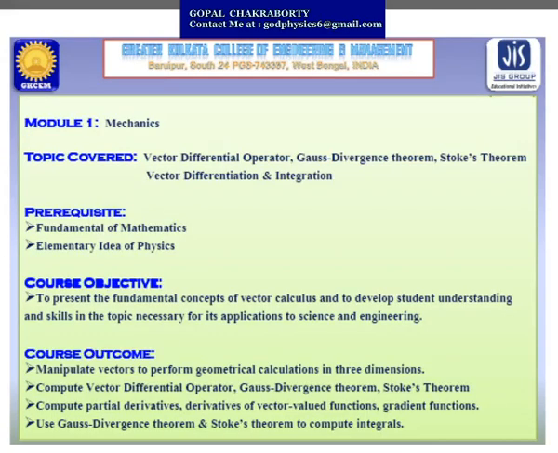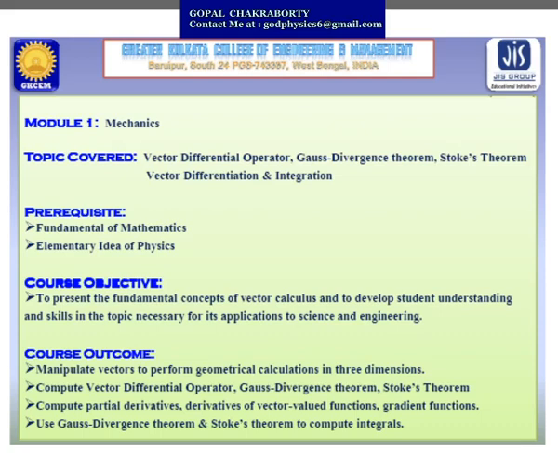Today I am going to discuss the vector differential operator, Gauss divergence theorem, Stokes theorem, vector differentiation and integration, which is under the second part of vector calculus, and under module 1, which is mechanics. The prerequisites are fundamentals of mathematical calculation and an elementary idea of physics.